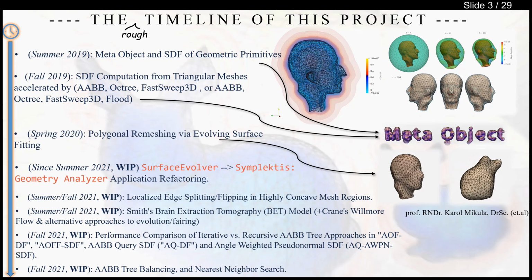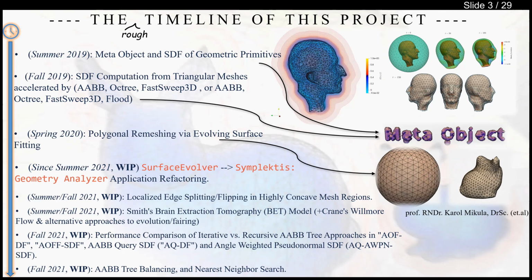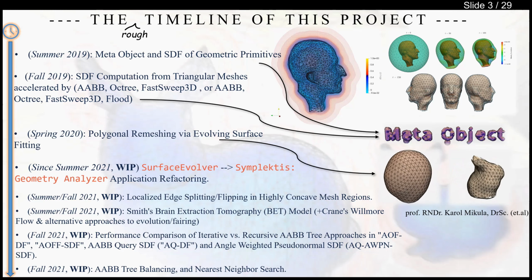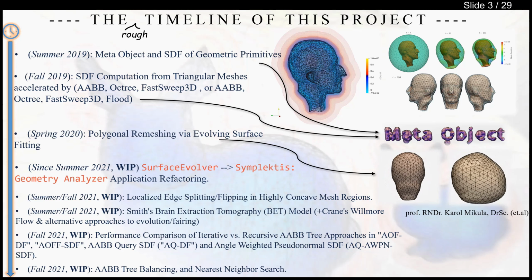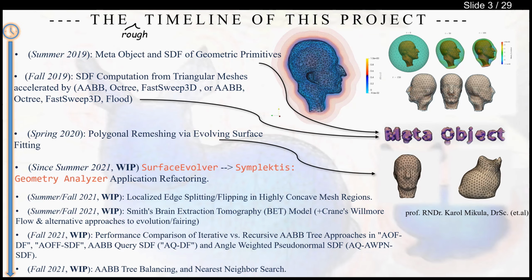And of course, in the last 2 work-in-progress items, I cover improvements to the bounding volume tree for intersection and nearest primitive search queries, which I plan to conclude by writing a comparison of methods article.